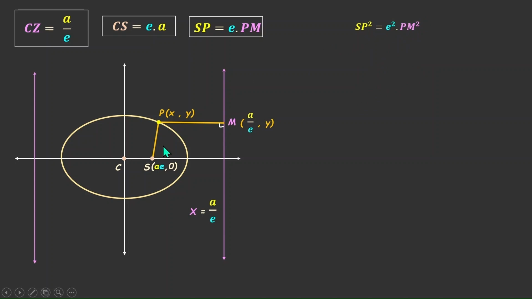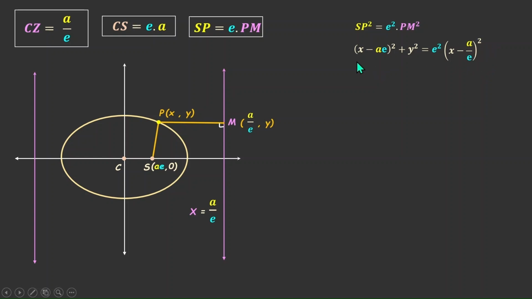So SP square using the distance formula would be x minus AE whole square plus y minus 0, so that's y square. So this would be x minus AE whole square plus y square is equal to E square into, now PM would be x minus A divided by E whole square plus y minus y, so that is 0. So only this x term would be there, so it would be x minus A by E whole square.